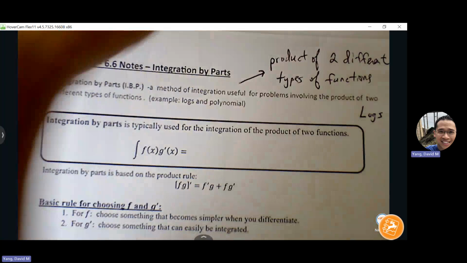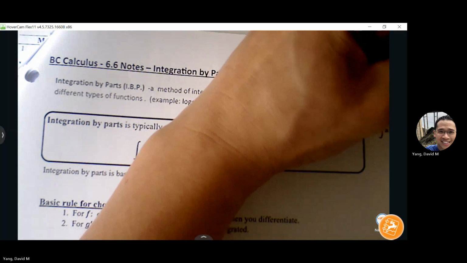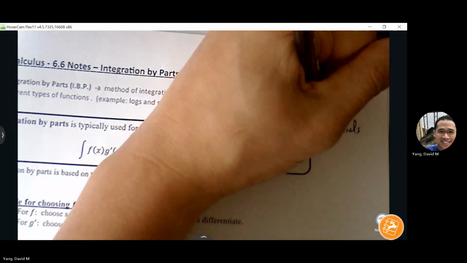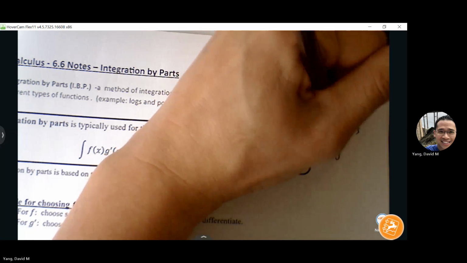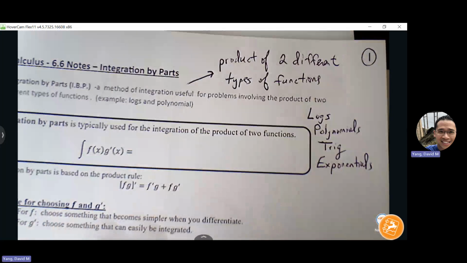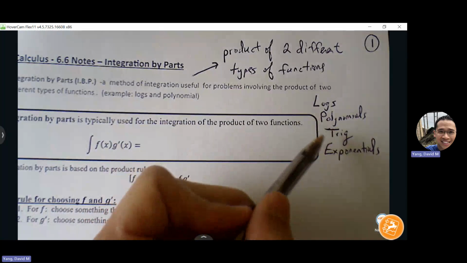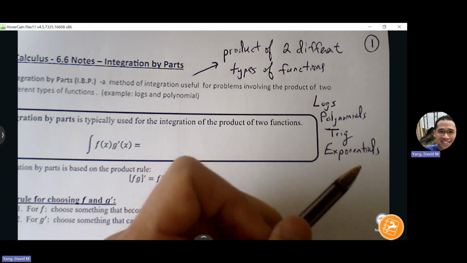So logs, polynomials, and trig and exponentials. Okay, so these are the four main ones that we're going to see with integration by parts: logs, polynomials, trig, and exponentials. And we just have to be able to know how to assign them and apply them appropriately.